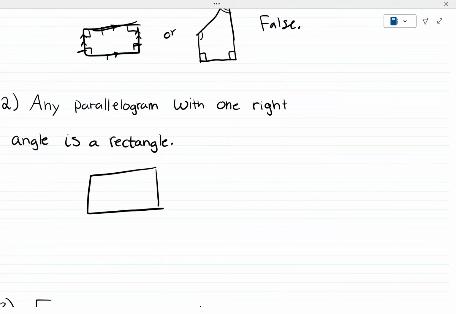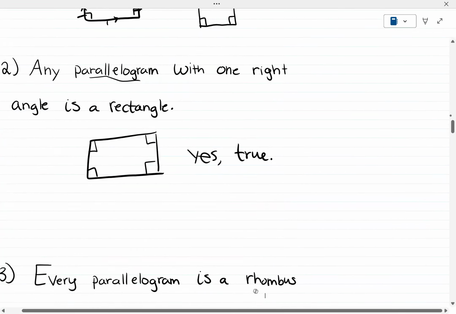A rectangle is technically a parallelogram, and it does have one right angle, so it's a rectangle. I'm going to say yes. That's definitely true.